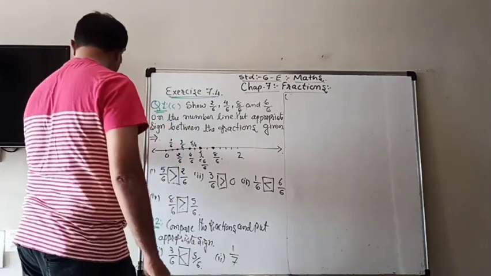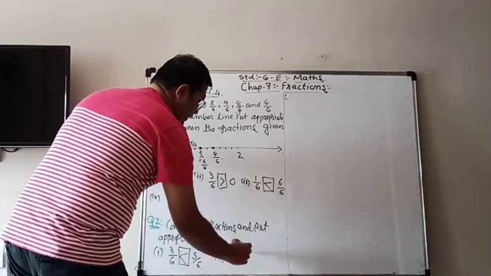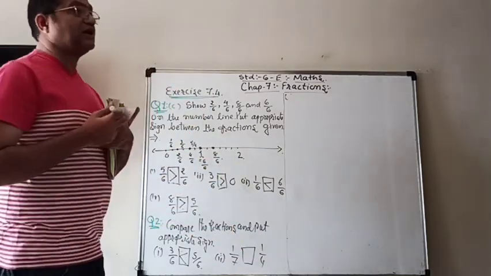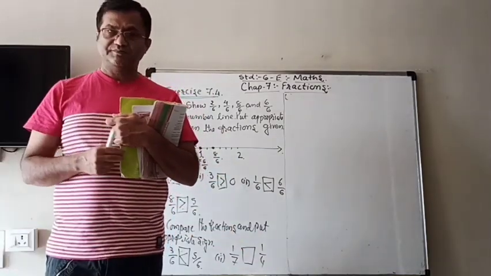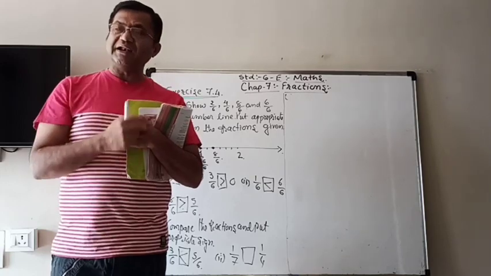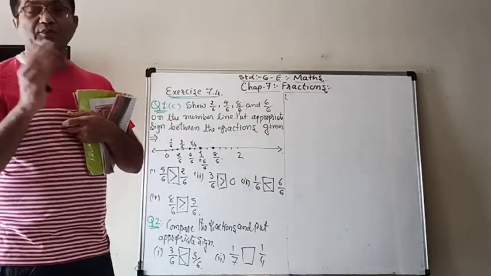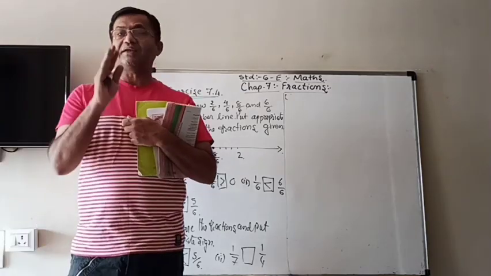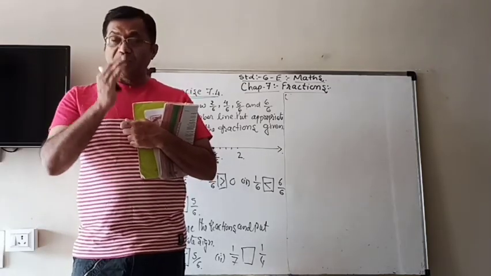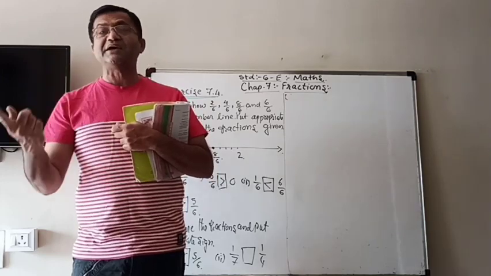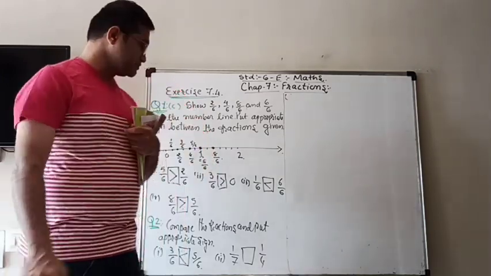1 upon 7 and 1 upon 4. Now we saw in the previous sessions that they are unlike fractions but they have the same numerator. When the numerators are the same, then the fraction having the small denominator is bigger and the big denominator is smaller.